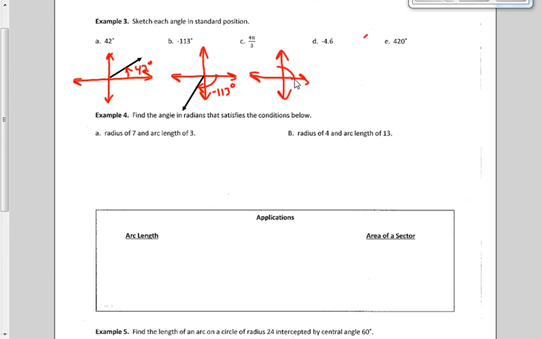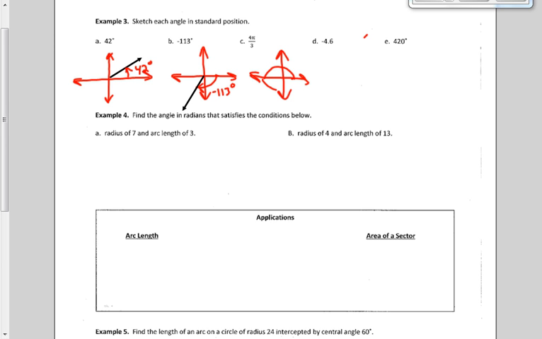Another 60 degrees gets me to 120. Another 60 degrees, which is 3 pi over 3, would get me to just pi, which is 180. And then I'm going another 60 degrees, which gets me down here, slightly over halfway.